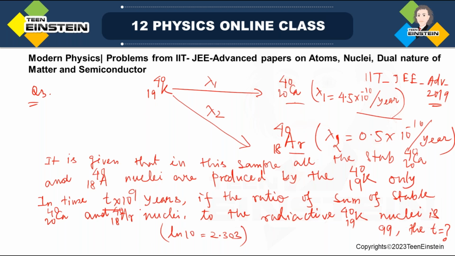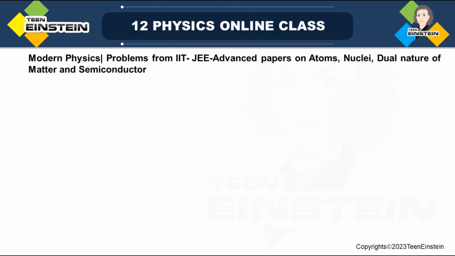Now after these many years, if the ratio of the sum of these stable nuclei to the radioactive potassium nuclei is 99, then what is T? Okay, we'll solve this problem.